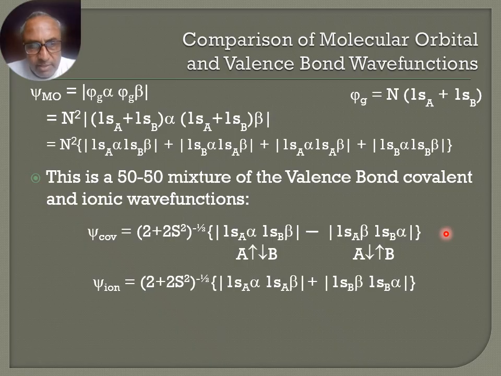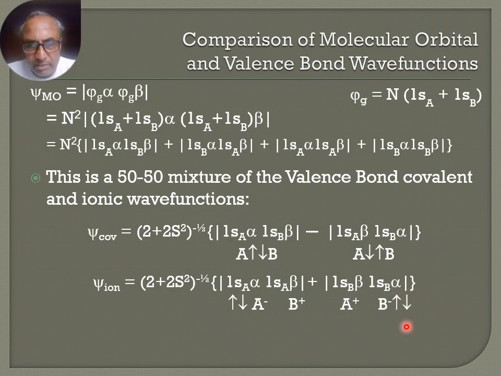The ionic wave function is given by the normalization constant times the determinant 1sA alpha 1sA beta, plus the determinant 1sB beta 1sB alpha. The first determinant corresponds to both the electrons on atom A, and the second determinant corresponds to both the electrons on atom B. Thus, the first determinant corresponds to A minus B plus, and the second determinant corresponds to A plus B minus.